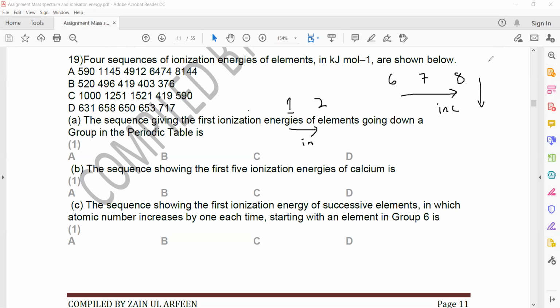So which one is the right answer? What will be the answer?